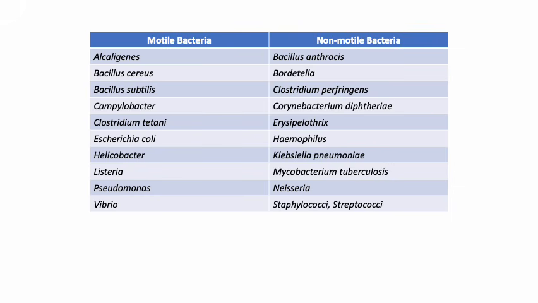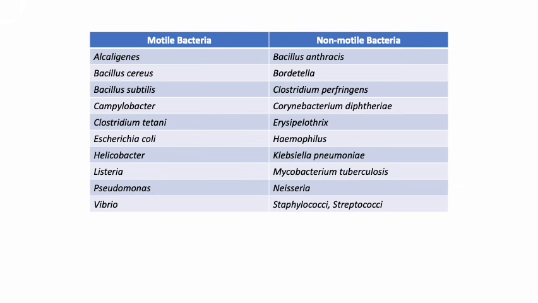One fact that you need to note is that if your bacteria is capsulated, it doesn't have the capability to produce flagella. So expect that if a bacteria is capsulated, or it can produce a capsule, it cannot produce flagella.